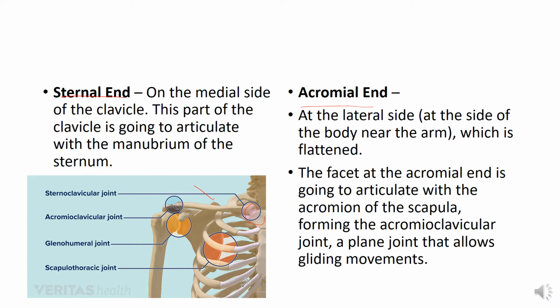This part of the clavicle articulates with the manubrium of the sternum, and it is quadrangular in shape, while the acromial end is flat and lies at the lateral side near the arm. The facet at the acromial end articulates with the acromion of the scapula, as I have told you before, forming the acromioclavicular joint. This is a plane joint that allows gliding movement.